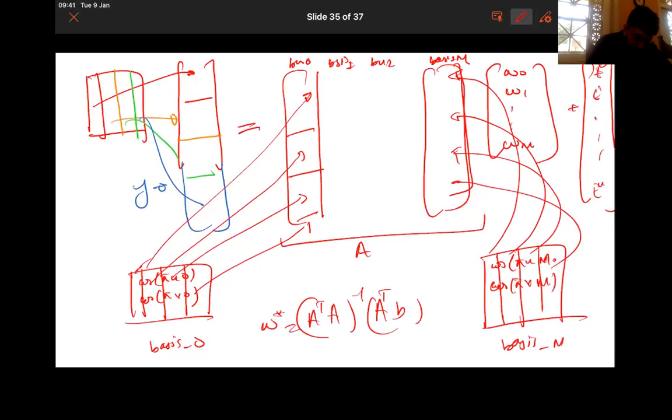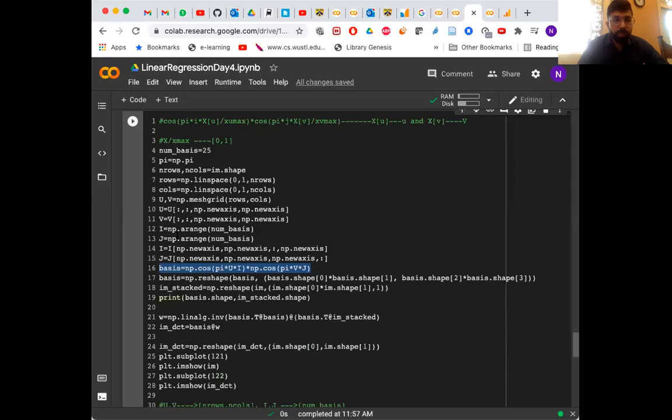So I have the value of A, right? I just transpose it, multiply it with A, take inverse, and do the rest of the thing. And that's exactly what I did in the code. So I created these bases, right? This is exactly the cosine function, so it's cosine of pi ui, cosine of pi vj.